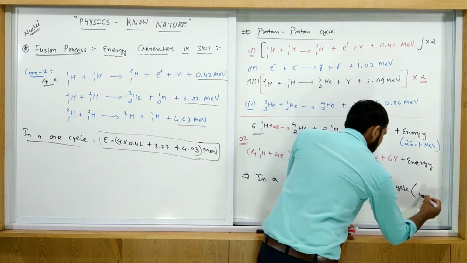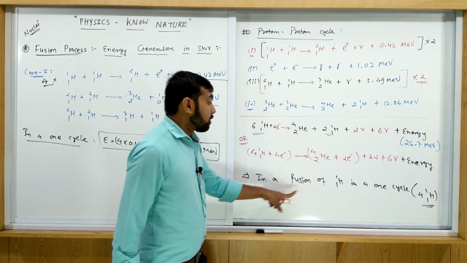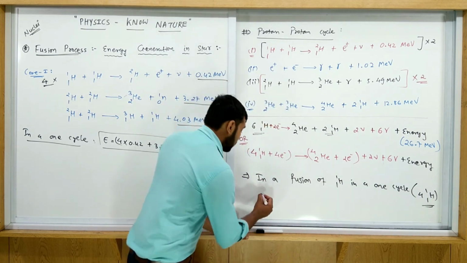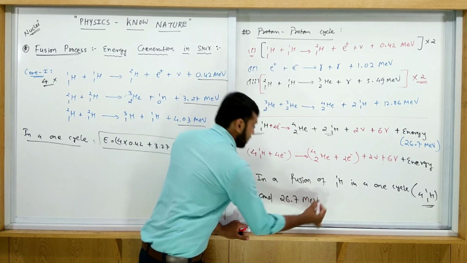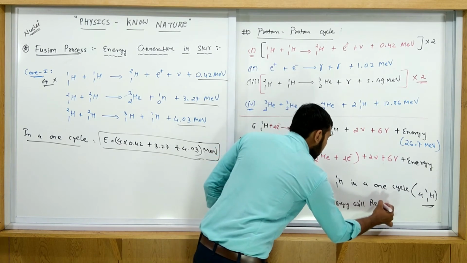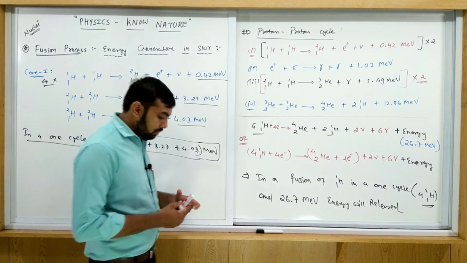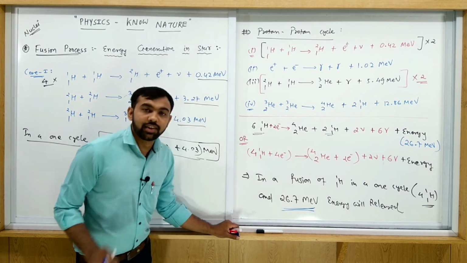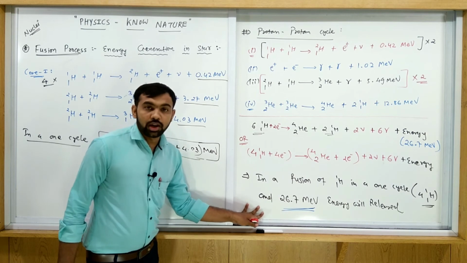So in the fusion of 1H1 in one cycle 4 hydrogen is required, and a total of 26.7 MeV energy will be released. All of you must remember this data, how much energy will be released in one cycle. So 26.7 MeV energy will be released during one cycle, because this is helpful to solve different problems.